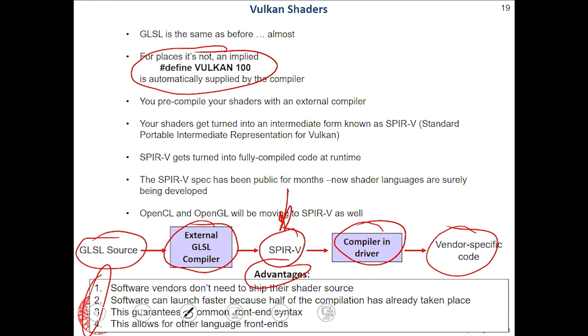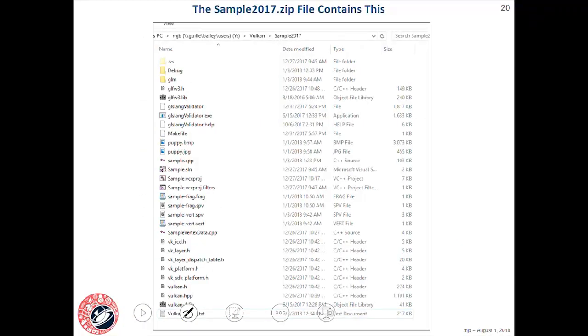We all know that some vendors add extra features into their shader compilers that don't work on other vendors' graphics cards. Also, this allows for other language front ends. You can write a Python shader language if you want, just as long as it follows the SPIR-V standard for what the assembly comes out looking like. So this is cool. Again, we'll spend some time on this because this is something we all have to know.